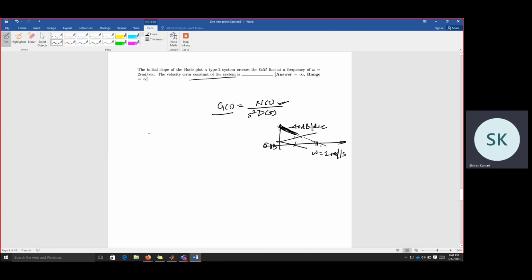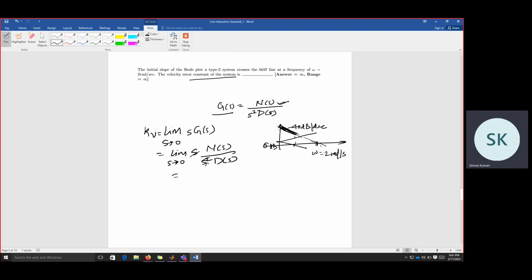Okay, so we have to find the velocity error constant. What is its value? Kv is limit s tending to 0 of s into G(s), which is limit s tending to 0 of s N(s) by s square D(s). What would be the value of Kv?